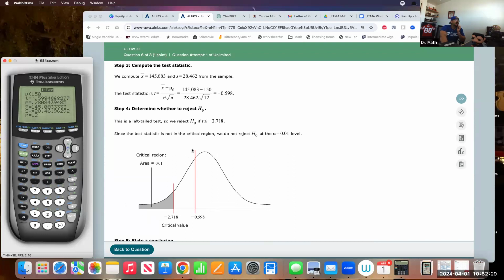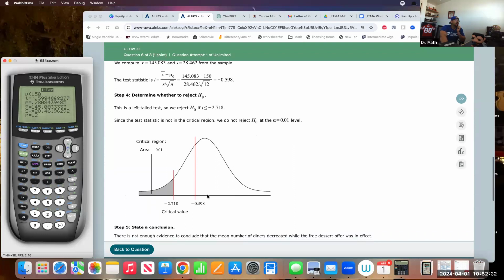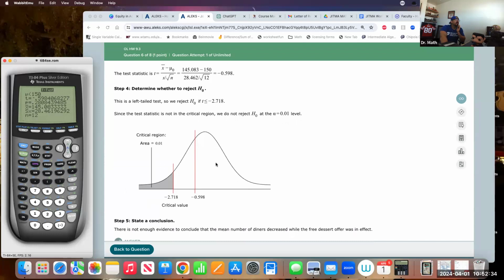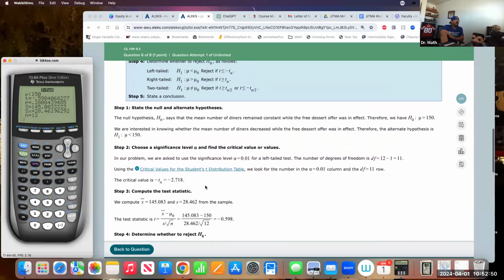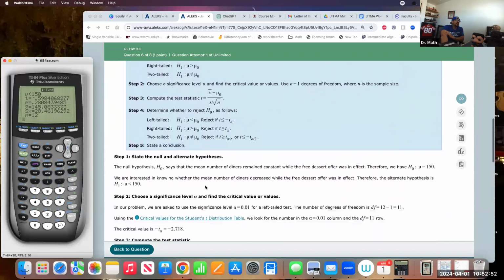So when it falls outside of this shaded region, what we conclude is we do not reject H naught. So again, when our test statistic falls outside of the shaded region, we do not reject H naught. So that's what we conclude here. Because we do not reject H naught, let's see what H naught said.